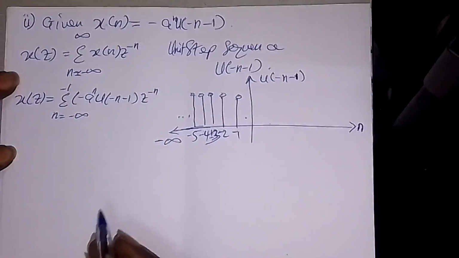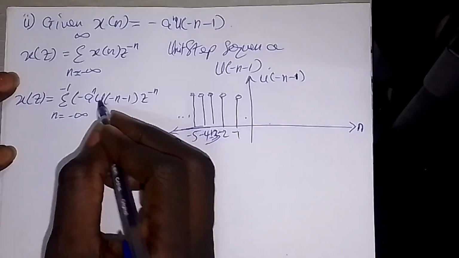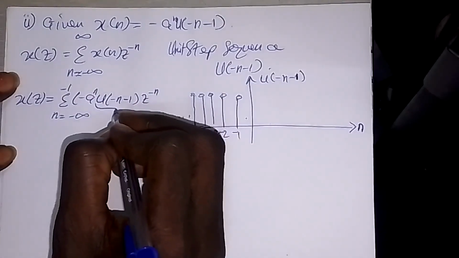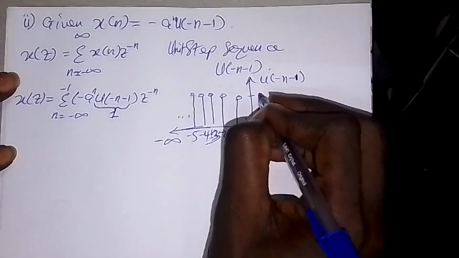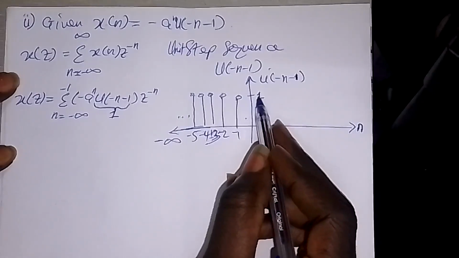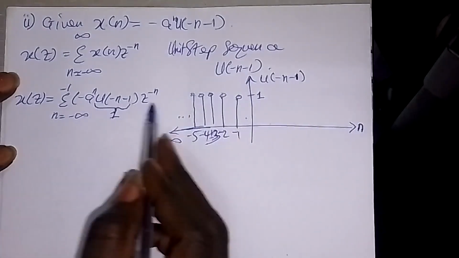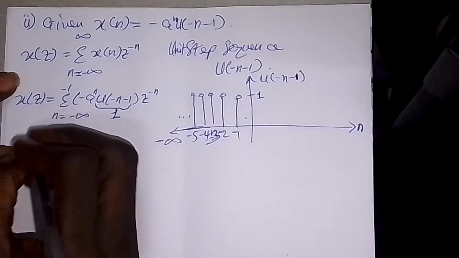But I know that u of minus n minus 1 is 1, because in this place a unit step sequence has a magnitude of 1.